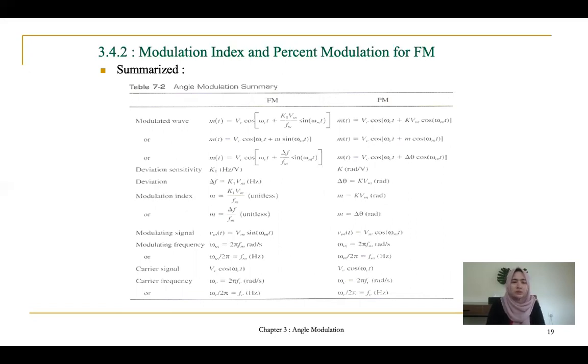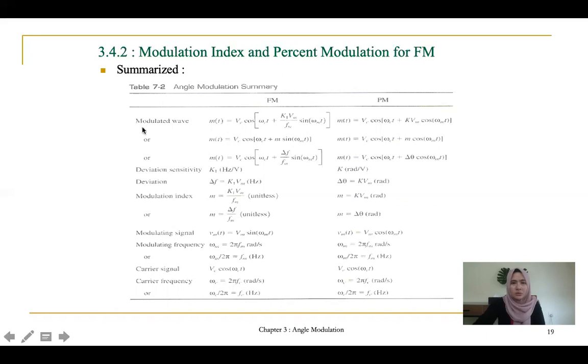So this is the summarized table for angle modulation. I'm not sure yet whether this table will be given in your final exam, but I think most probably it will be given, so that you don't need to remember the formulas for angle modulation. But for amplitude modulation, no table or formula will be given, only for angle modulation, because with angle modulation you have FM and also PM, so there are a lot of equations that you need to remember.